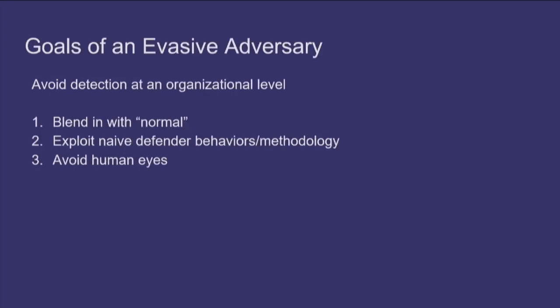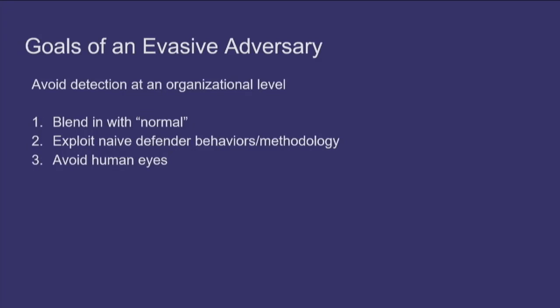Goals of an evasive adversary. Ultimately, the goal of an evasive adversary is to avoid detection at an organizational level. So if AV catches something and it's not forwarded to the back end where the SOC can analyze it, that means detection has failed because the adversary is going undetected from an organizational level.